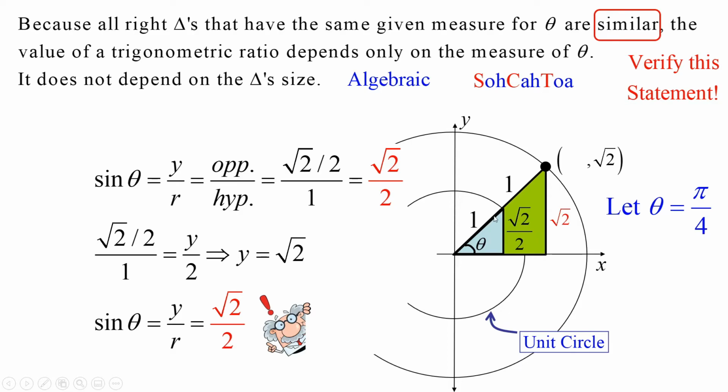Now we'll get into that a little bit later, but this horizontal distance right here, or this adjacent leg to that angle theta right there, would have to also be root 2. And by the way, this point right here, what are the coordinates of that point? Well, the y coordinate you can see as root 2 over 2, and guess what this adjacent leg is right there? Also root 2 over 2. That's just a little extra for you guys to think about.